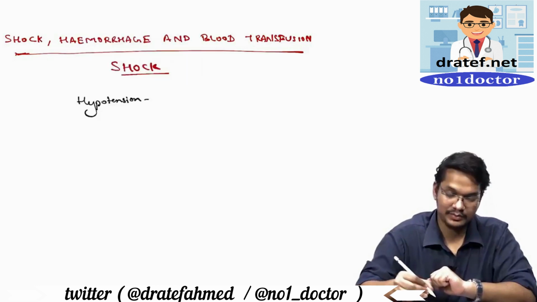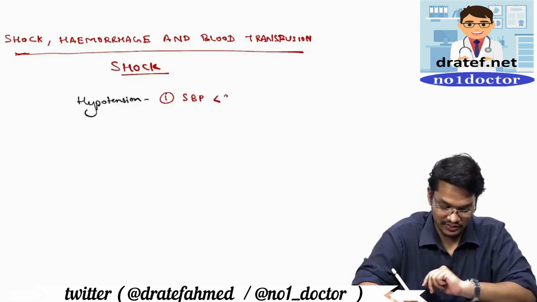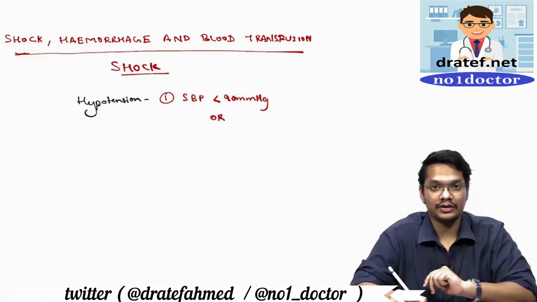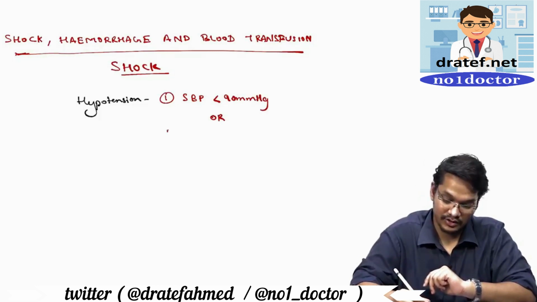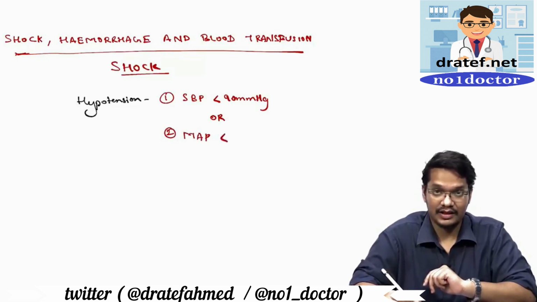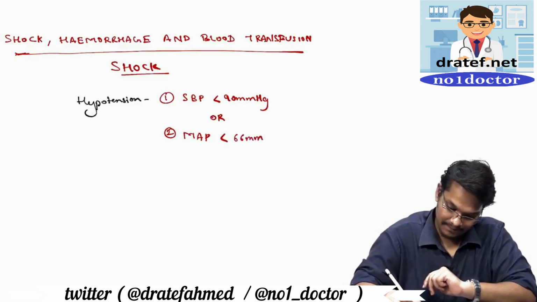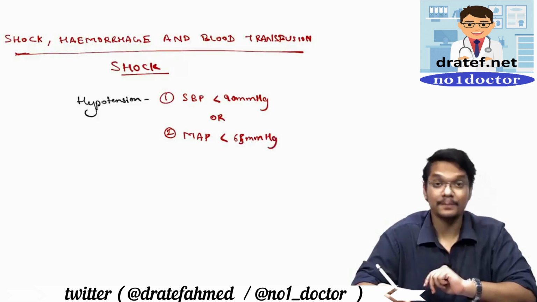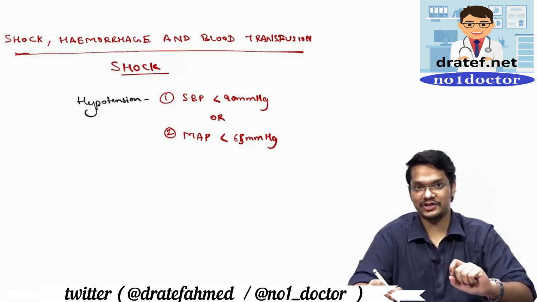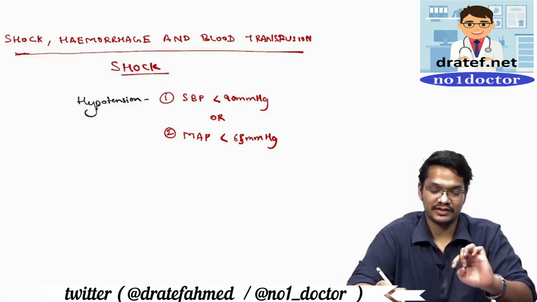It is essentially defined by two criteria: either a systolic BP of less than 90 mmHg or a mean arterial pressure, MAP, of less than 65 mmHg. So hypotension is defined either as an SBP of less than 90 or an MAP of less than 65.